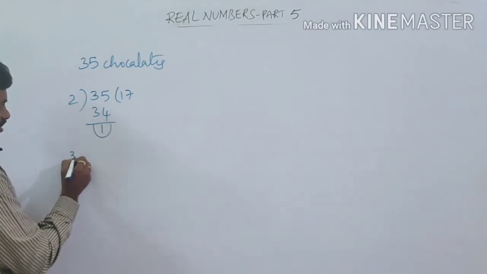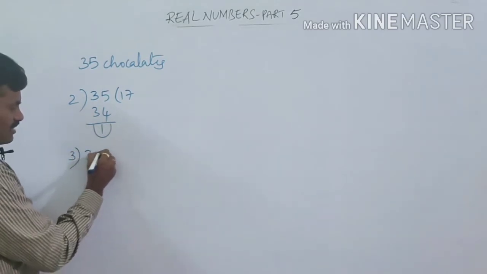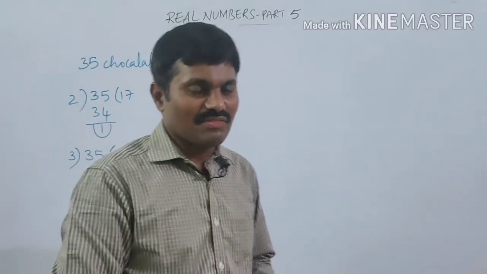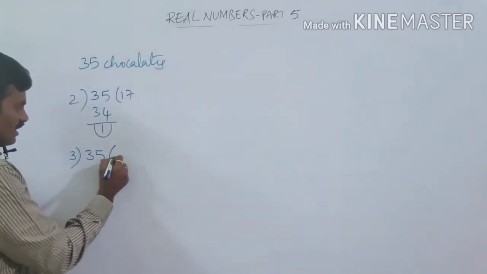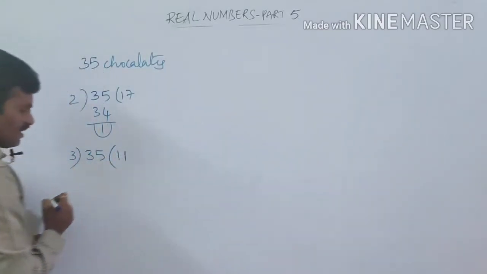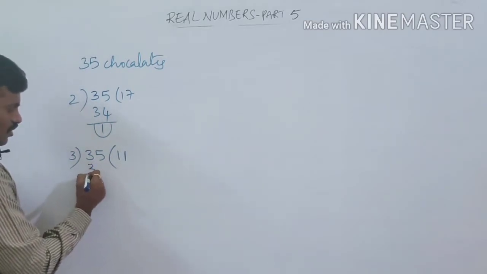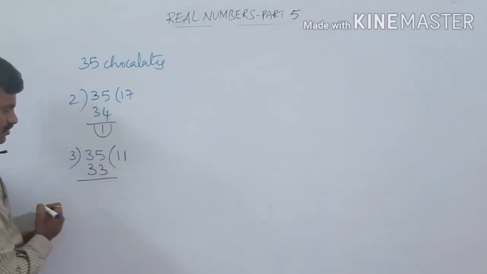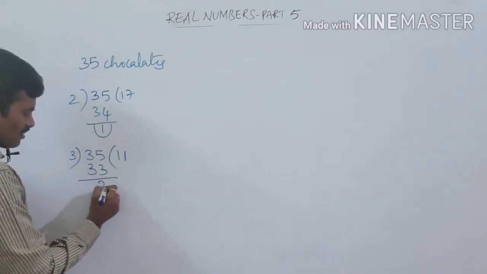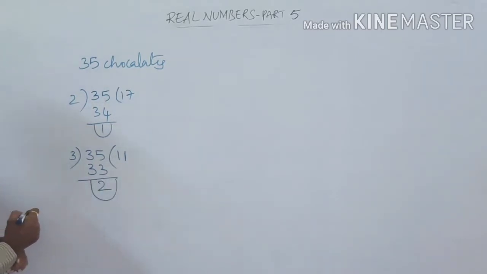If I distribute these 35 chocolates to 3 of my friends, each one will get 11 chocolates. Total 33 I distribute to these 3 members. 2 chocolates are left over.